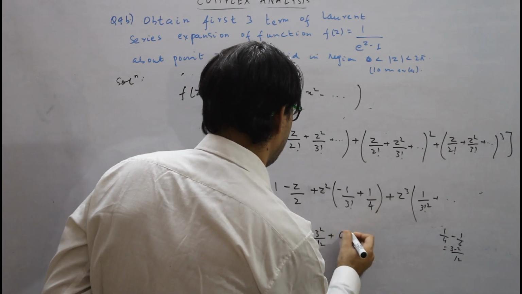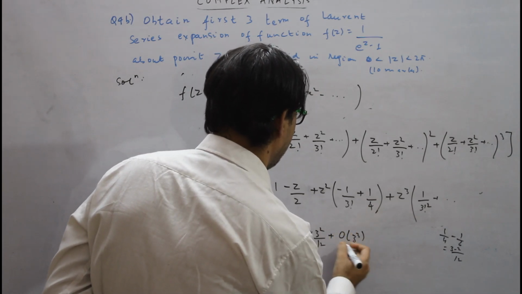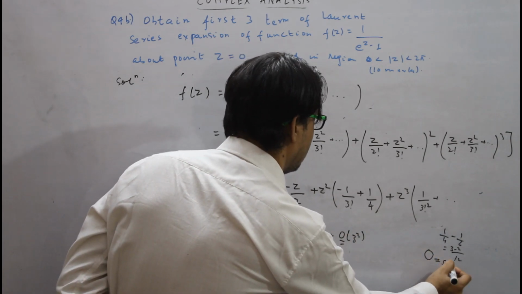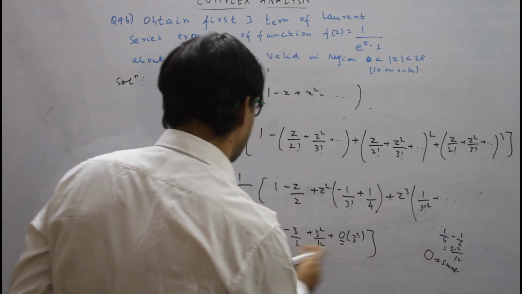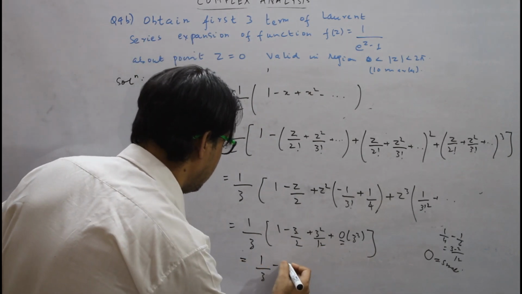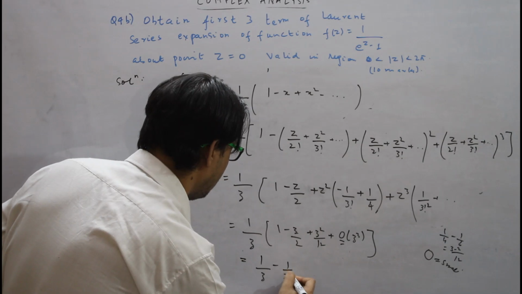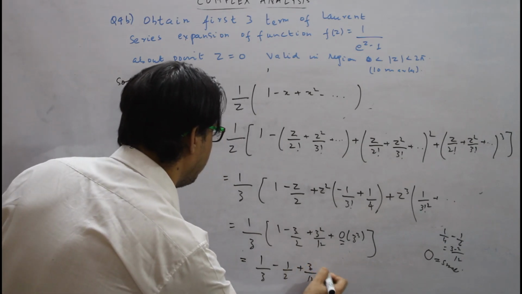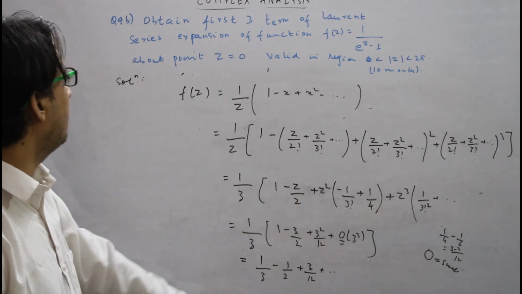The terms of z cube are negligibly small, so I will denote it by capital O, only concerned with 3 terms. So this becomes 1 by z minus 1 by 2 plus z by 12. So these are the first 3 terms of the Laurent series.